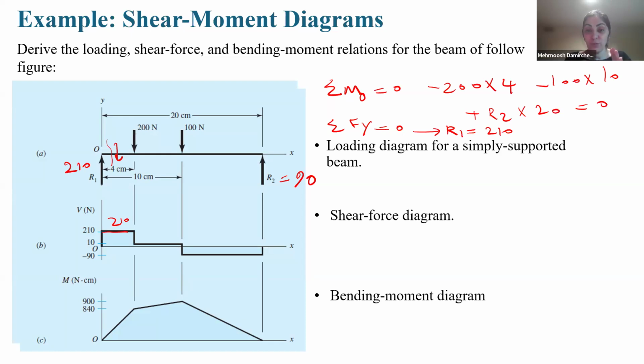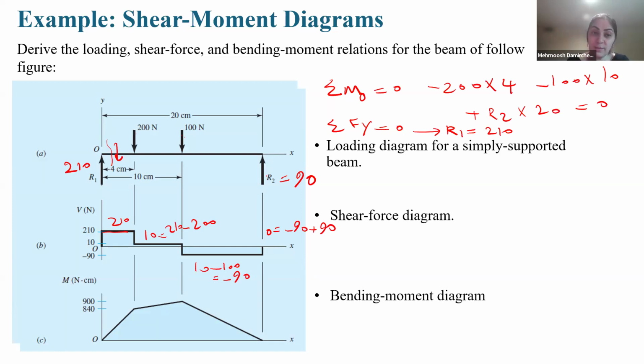If the force is downward, it means a drop: 210 minus 200 is 10. Reach another one, again a drop because it is downward: 10 minus 100 is minus 90. Reach this: minus 90 plus 90 is 0. And as we expect, it reaches 0.